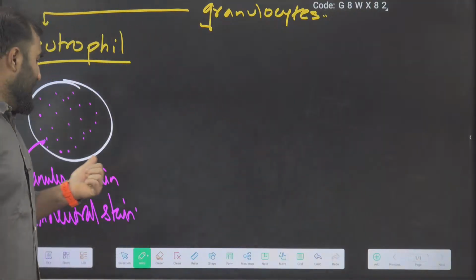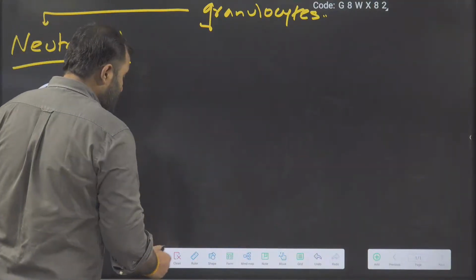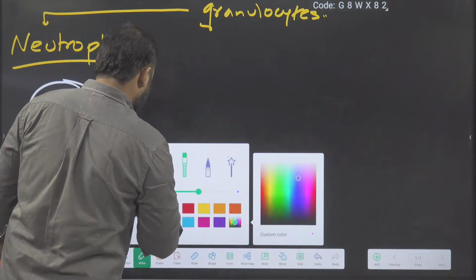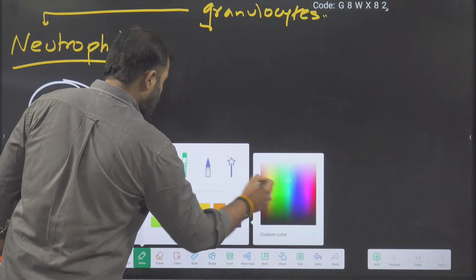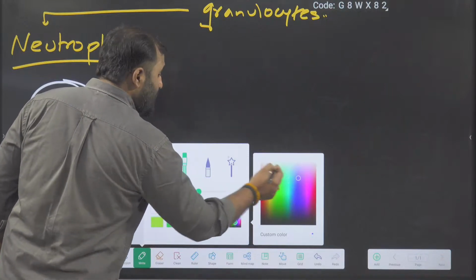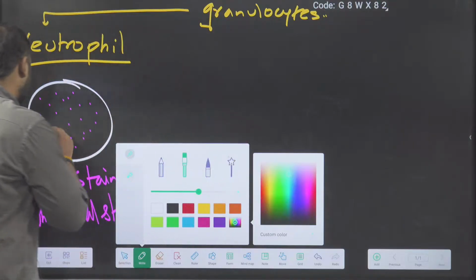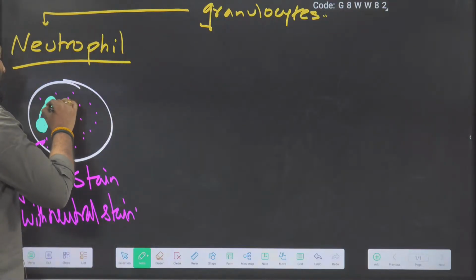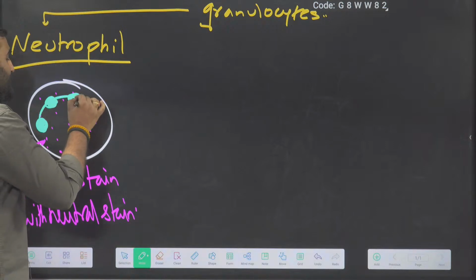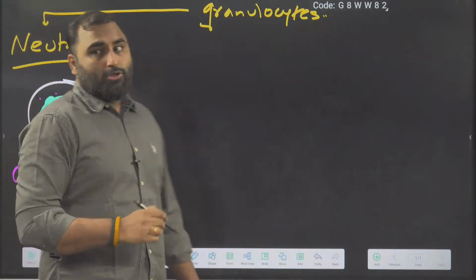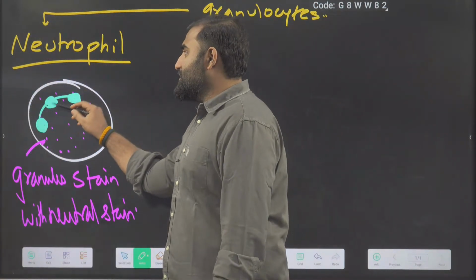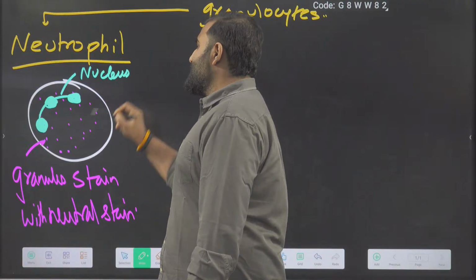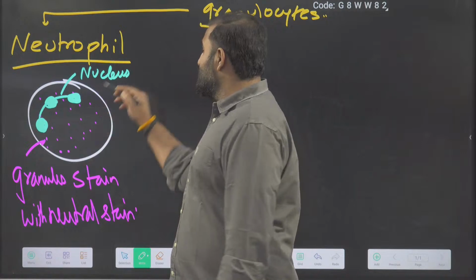And next, talking about the nucleus: it is a multi-lobed nucleus, sometimes three-lobed. This is the nucleus, guys. Here the nucleus is multi-lobed.